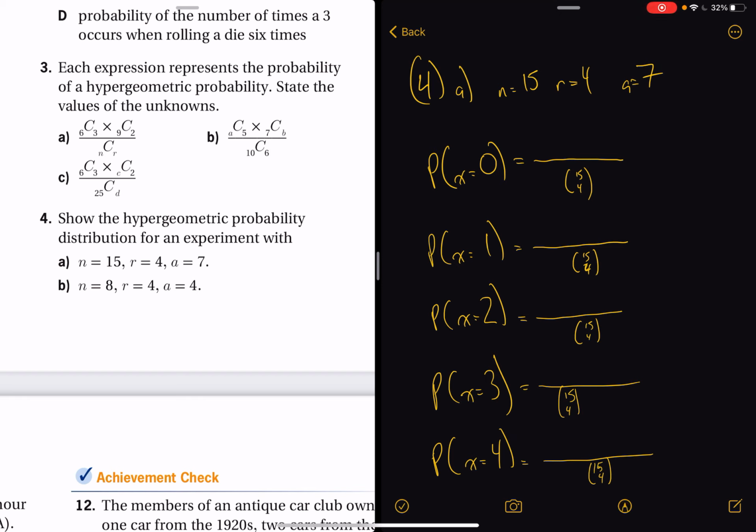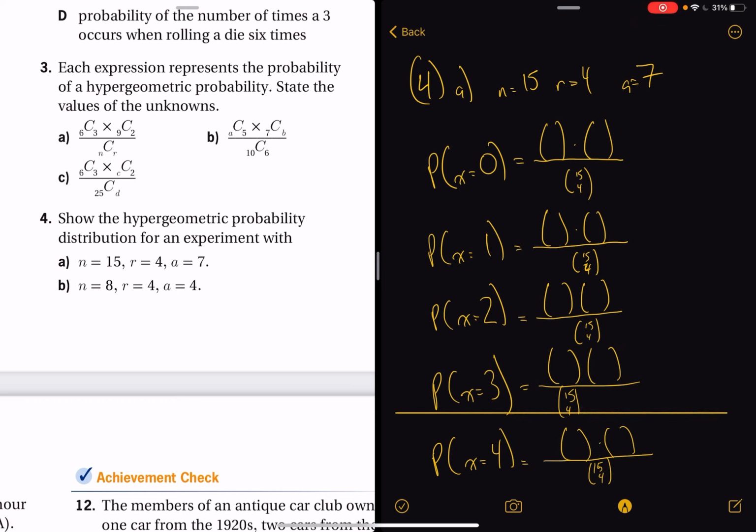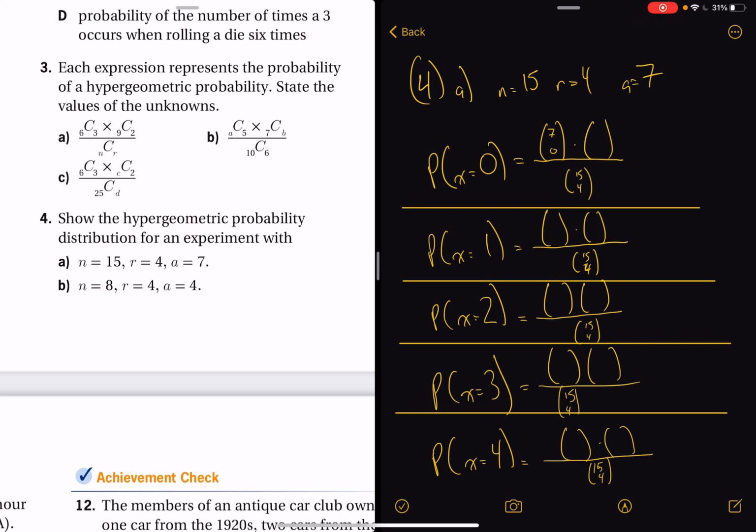And what's next? Well, we have to calculate the numerator for all of them. So essentially the numerator for all of them is going to be something like, total ways to choose successes multiplied by number of ways to choose failures. Let's separate these by a line. Okay, so available successes, 7 choose 0, and then we have to choose out of the remainder.